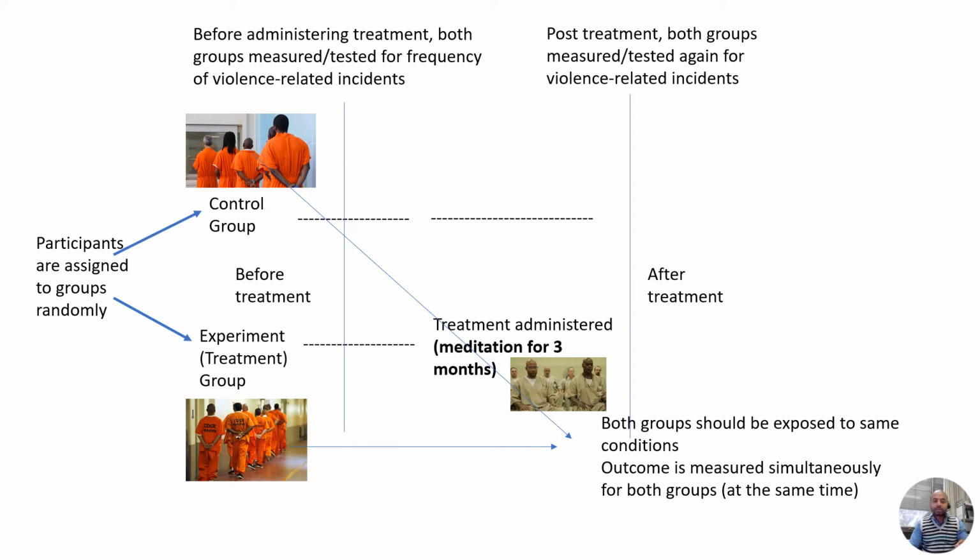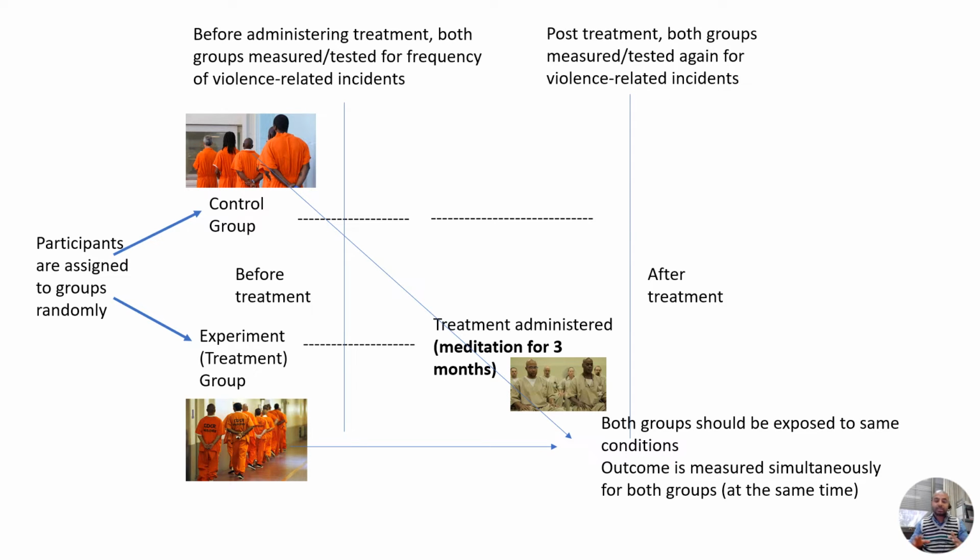And the third characteristic is that outcome is measured simultaneously for both groups. So when you collect the baseline data, try to collect it at the same time, and then once the treatment is administered, collect the post-treatment data at the same time from both groups. I'll tell you the reason why.